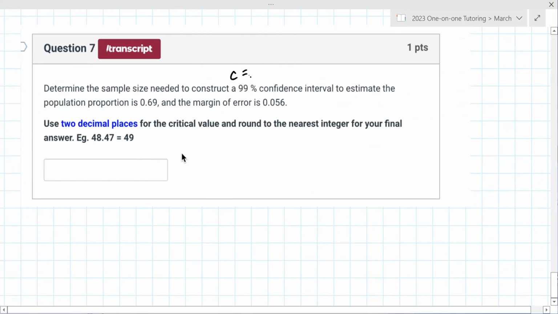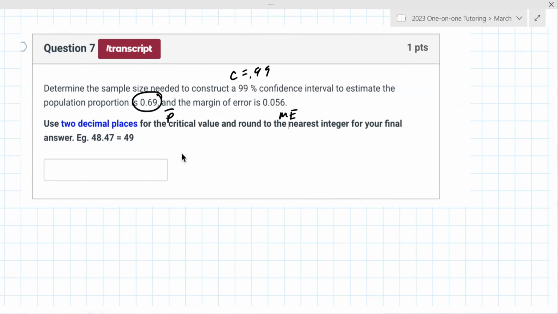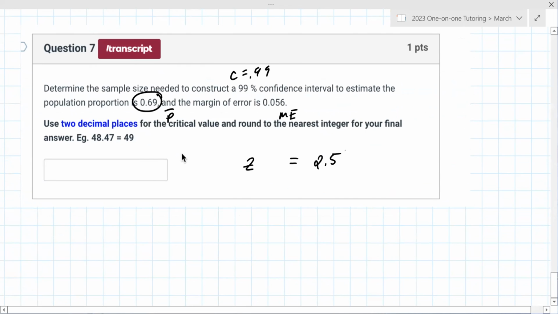All right, it's kind of similar here. It says C is 0.99, proportion P bar is 0.69, margin of error is 0.06. So really similar. You go to that table again and get your Z, which ends up being 2.575.